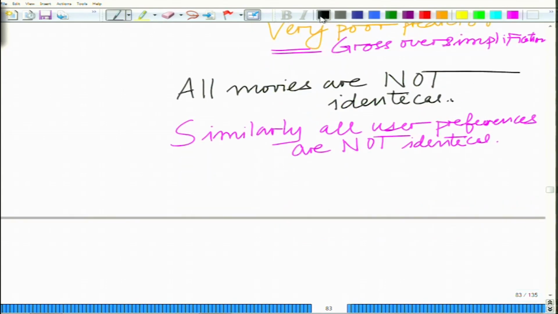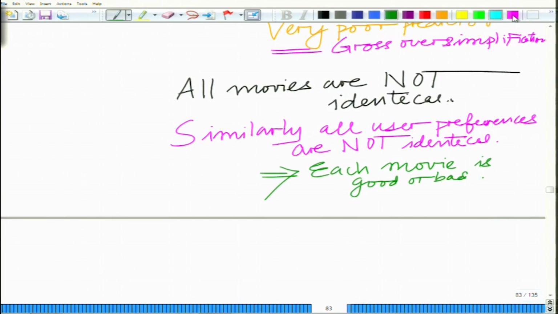This implies each movie is good or bad, or each movie has a certain bias. And each user has a certain bias.